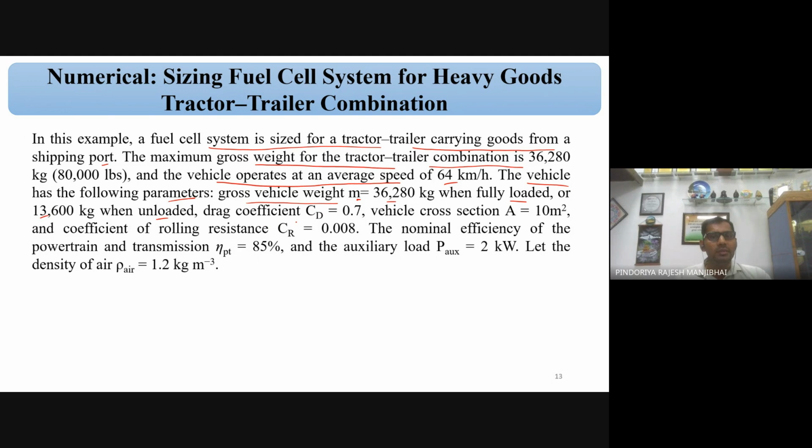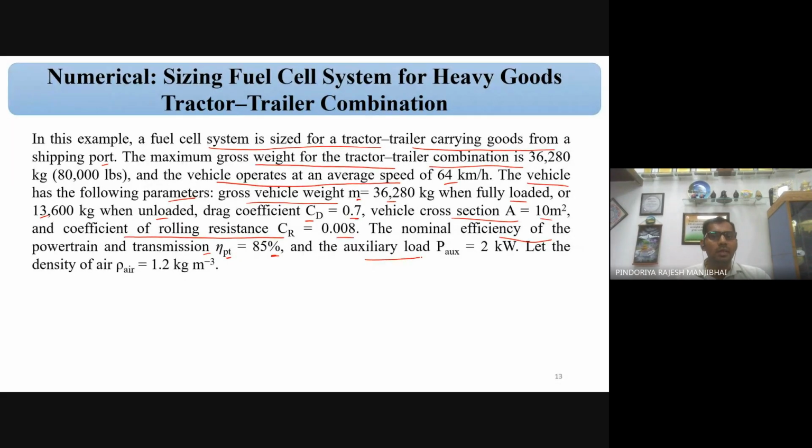Drag coefficient CD: in the first unit we already discussed it, it is 0.7. Vehicle cross-section area is 10 meter square. The coefficient of rolling resistance, CR, is 0.008. The nominal efficiency of the powertrain and transmission, eta PT, is 85%.